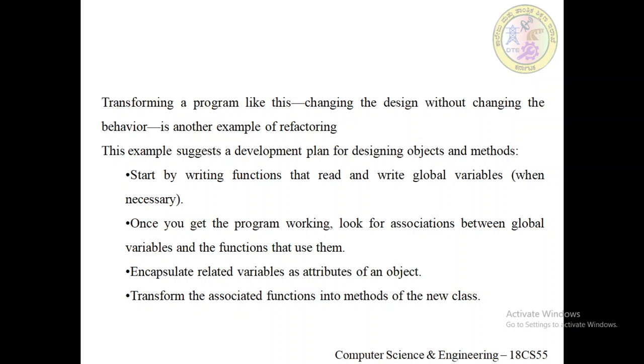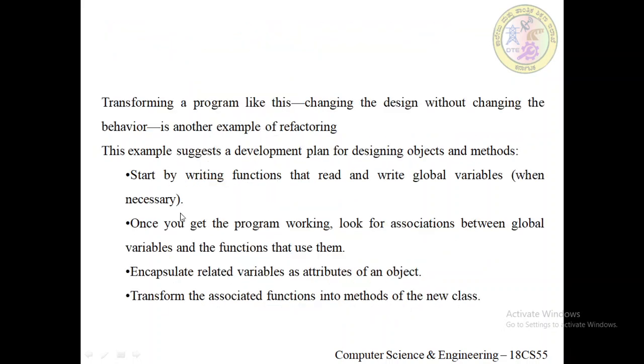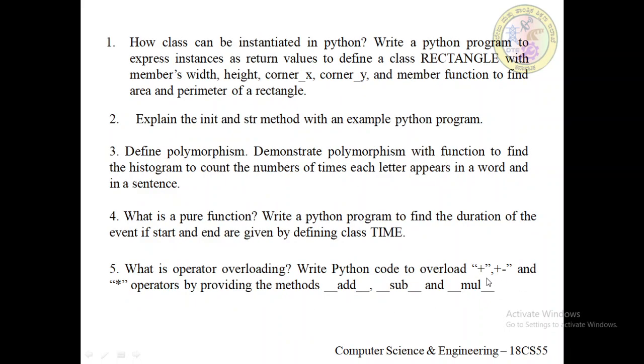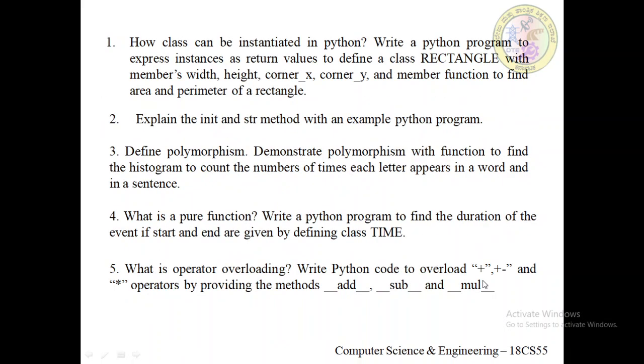Then we encapsulate the related variables as attributes of an object. That is what has been done now. We have defined one init method, in which we are using these global variables, and we have identified the functions which work with them, and then transformed the associated functions into methods of the new class. These are some of the steps we can follow to achieve data encapsulation.